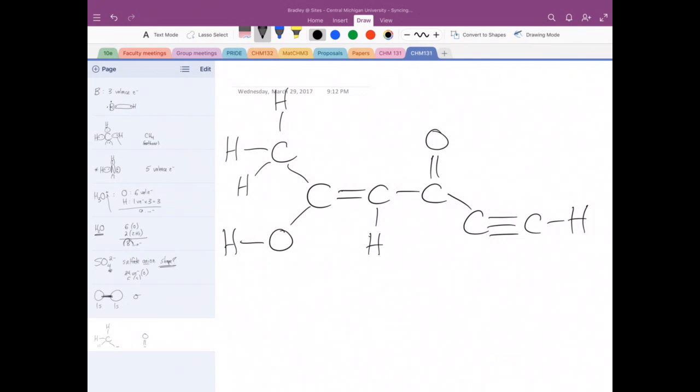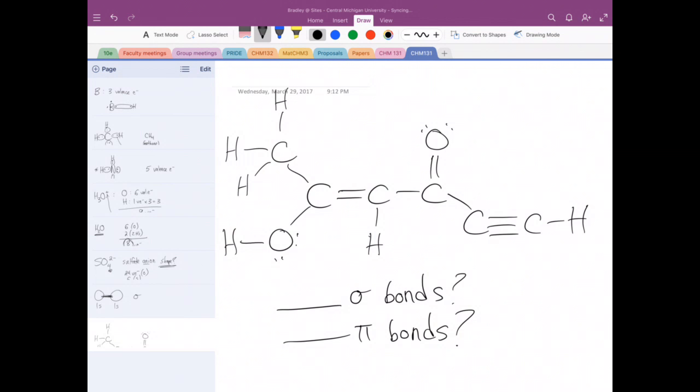Now for this molecule, I'm doing the dots here. One possible question could be, how many sigma bonds and how many pi bonds are there? If you see a question like this, don't freak out.